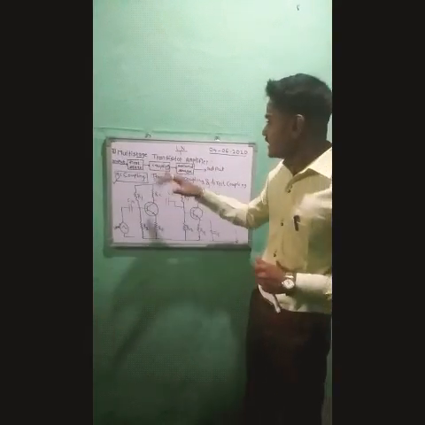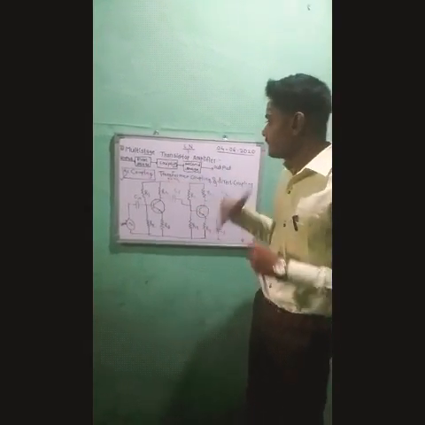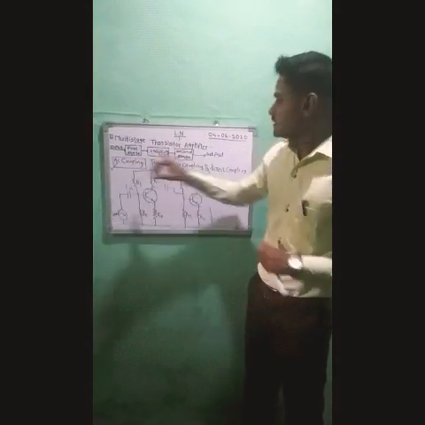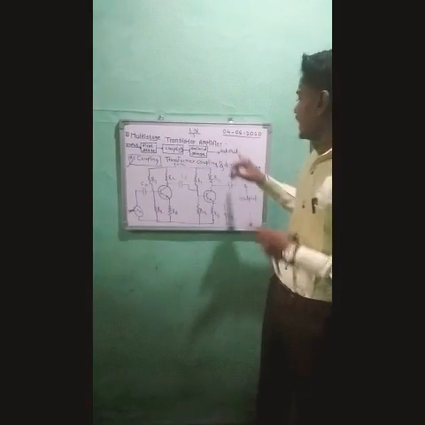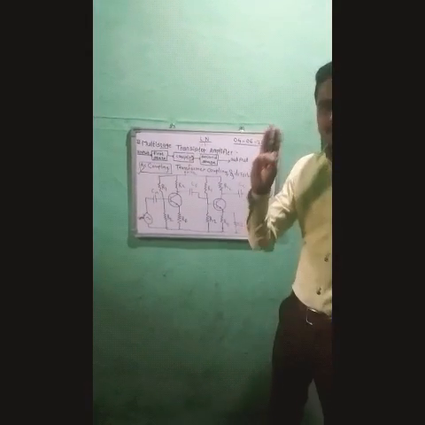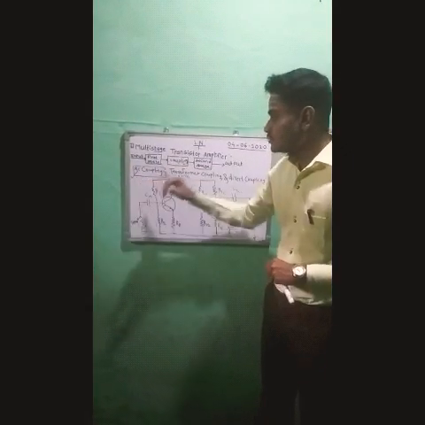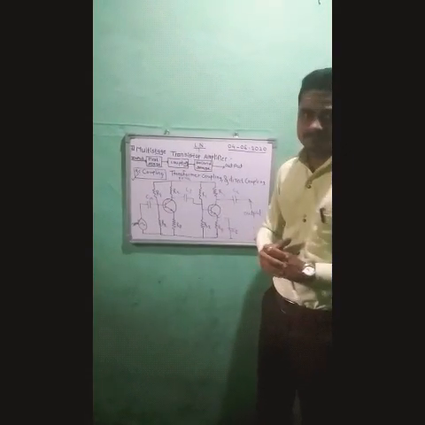There are different types of transistor amplifier couplings: RC coupling, transformer coupling and direct coupling. These are the three types of couplings. Here we take only the RC coupling.